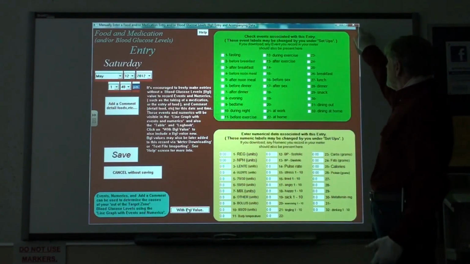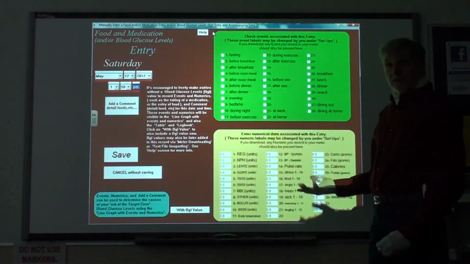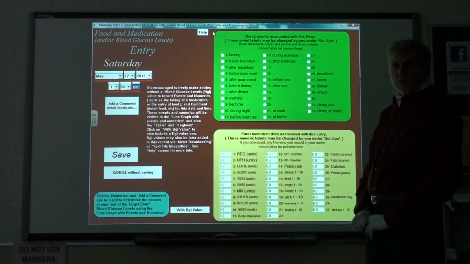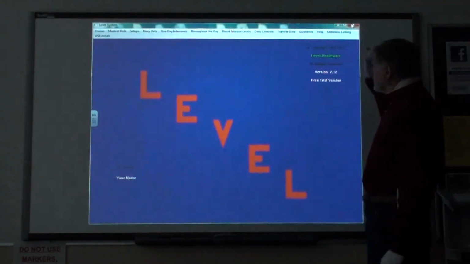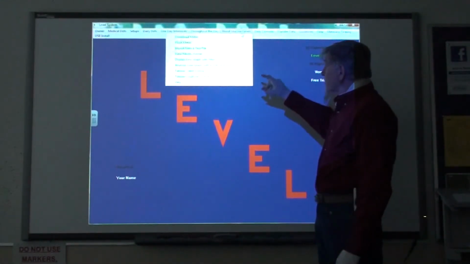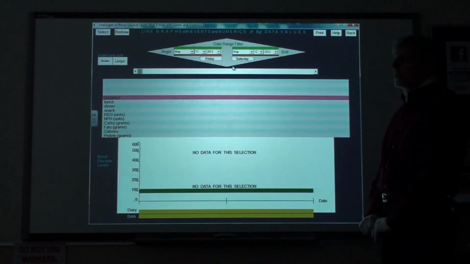So it is with this entry throughout the day that you record your food intake, and you also embellish your blood glucose readings as they came in through the meter. So this illustrates the line graph with events in numerics, which is the primary tool in level for type 1 diabetes to use when they need to make some kind of change in the balance between their insulin and food intake.